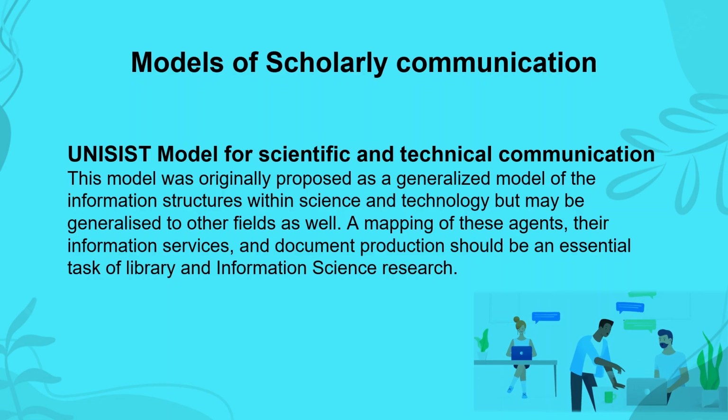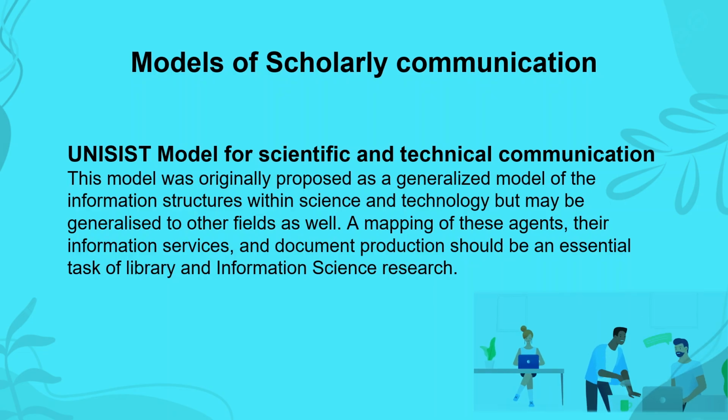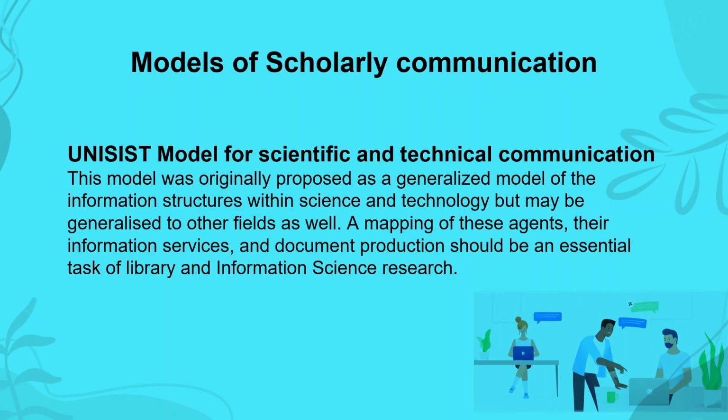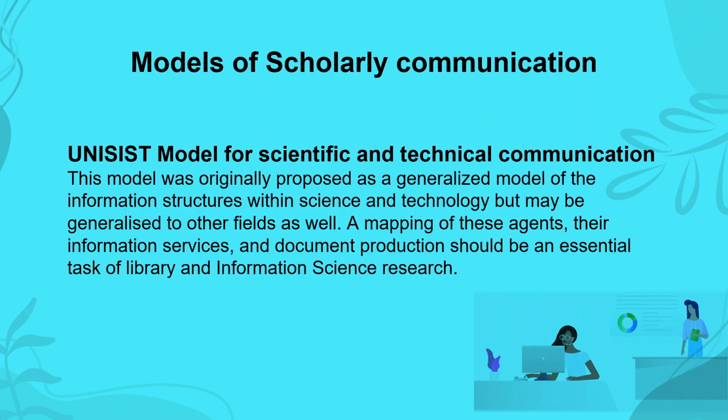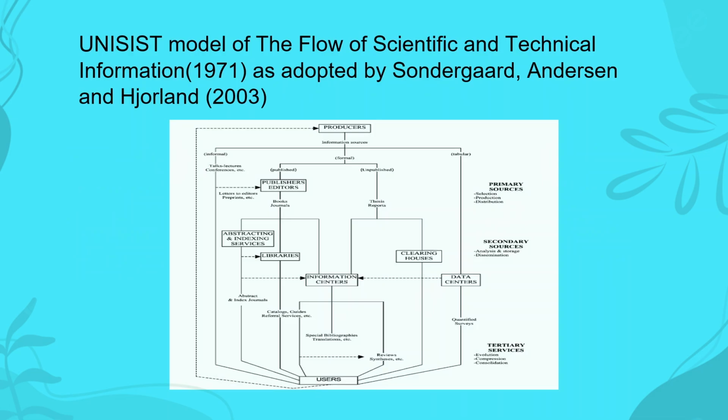A mapping of these agents, their information services and document production should be an essential task of library and information science research. Here we present the Unisist model of the flow of scientific and technical information as adopted by Sondergaard, Andersen and Hovland.